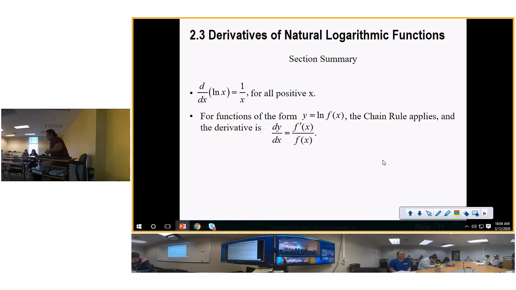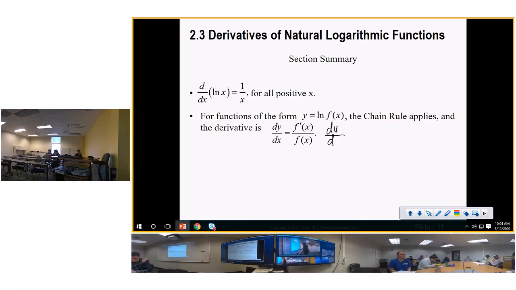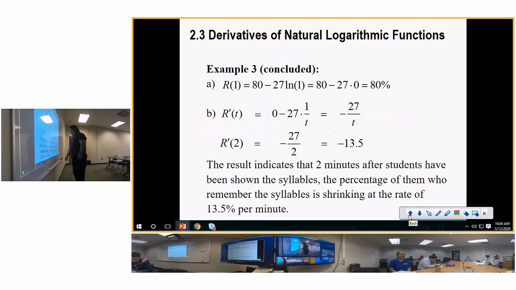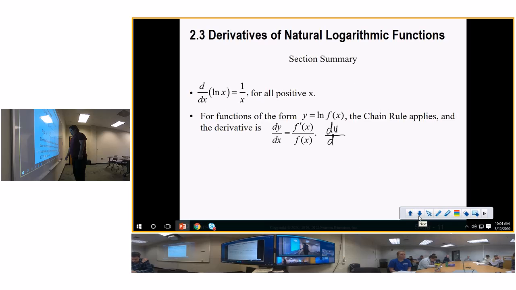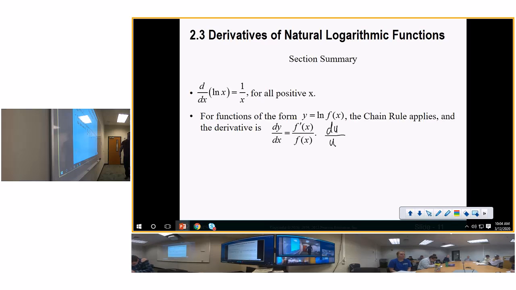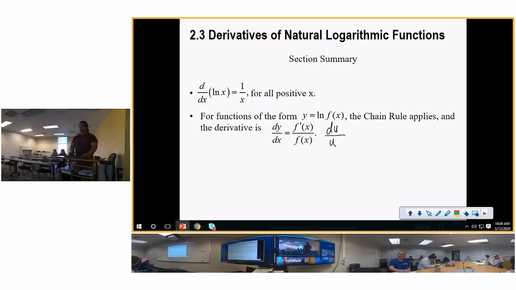And you might want to write that down because it's easier to remember. Du over u. I can't write. I can't work the board either. I got corona. Du over u. Meaning that you take the derivative of the function, put it on top, and leave the function on the bottom. So that's about 3 or 4 rules of logarithms.